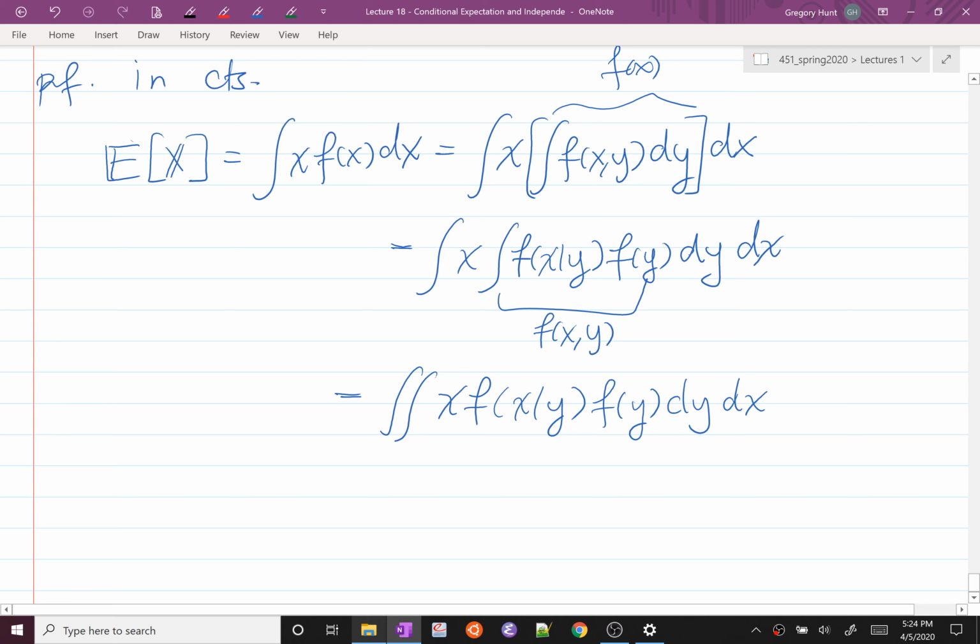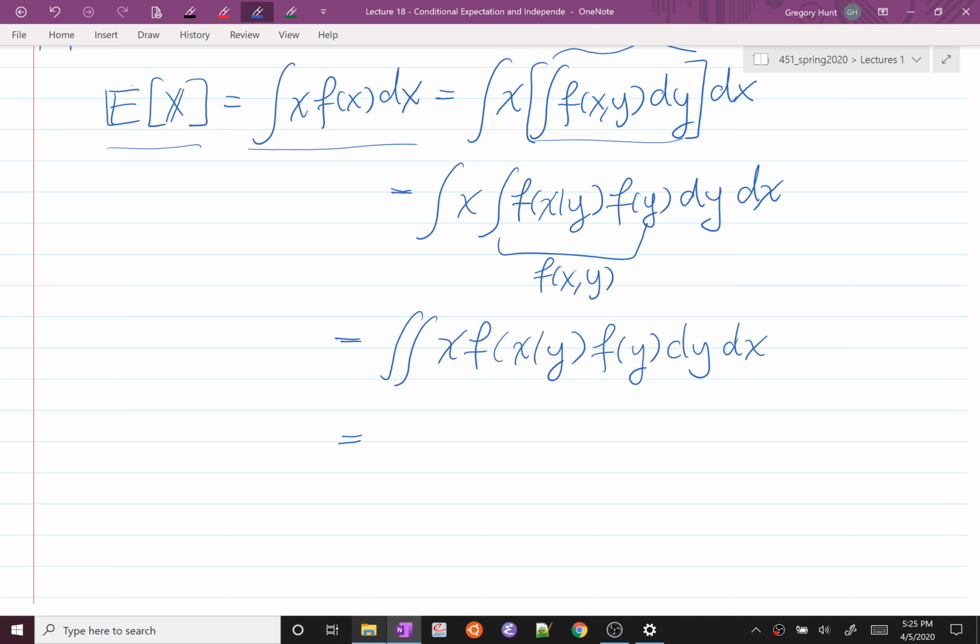And now I'm just going to rearrange the order of these things. Let's see, which order do I want these in? I can write this as the integral of x times f of x given y. Let's bring the dx in here.